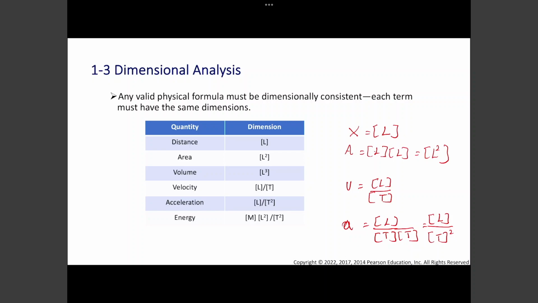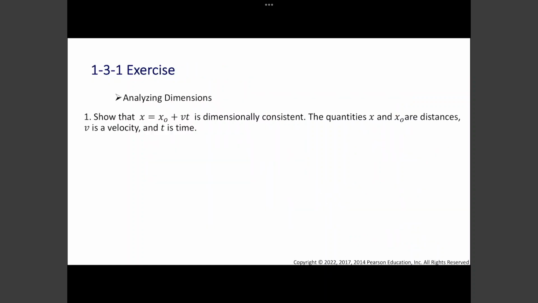Now let's look at another example. This is a simple example of analyzing dimension. Show that x is equal to x naught plus vt is dimensionally consistent. The quantities x and x naught are distance, v is velocity and t is time.